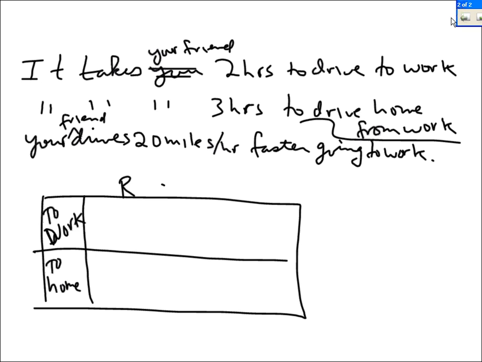Okay, rate times time is distance. Well, you don't know the rate that she drives home. You don't know the rate that she drives to work. So one of them you call R. And you know that she drives fastest to work. If she drives R miles an hour home from work, she drives R plus 20 to work.